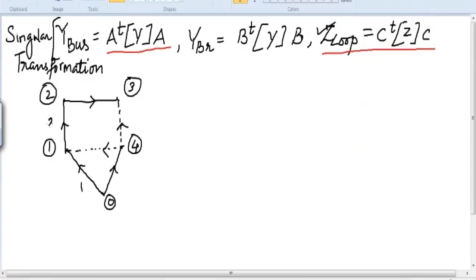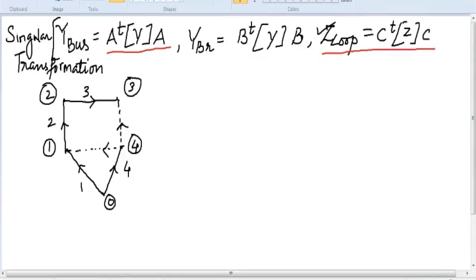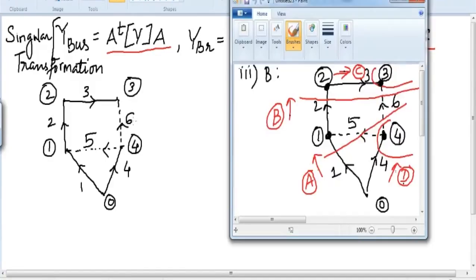This is 1, 2, 3, 4, 5 and 6. Sorry, 5 and 6 have been interchanged, so we need to change it. This one is 5 and this one is 6. This is also very important, because if you replace the positions of the elements on your own, then your answer may become wrong. So please don't do that.